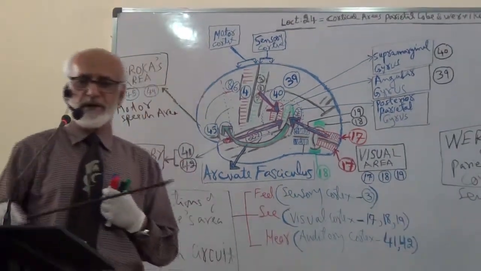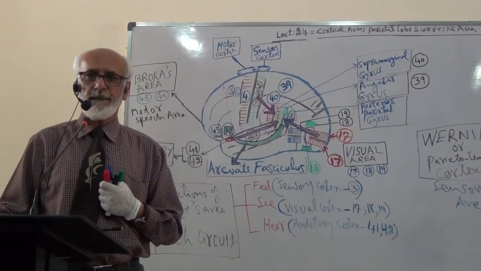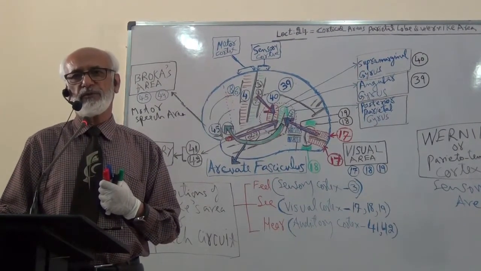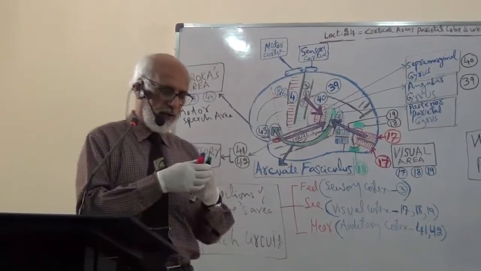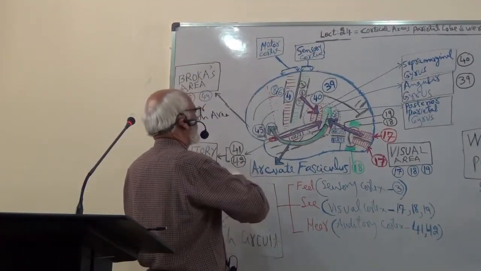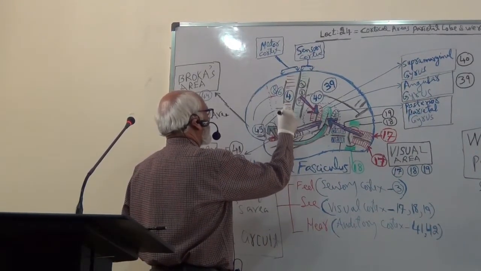Now, I told you that to give shape to the words, musculature of the larynx, pharynx, lips, tongue, jaws, etc. is used. Therefore, ultimately, the Broca's area is connected with the motor cortex.